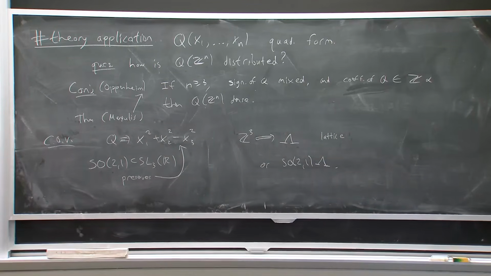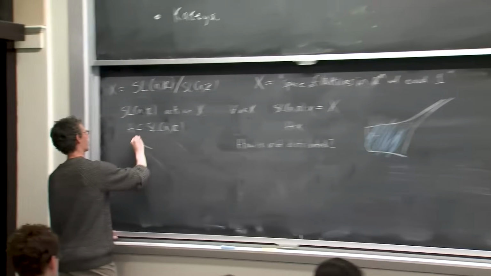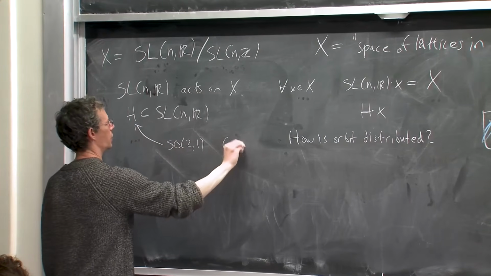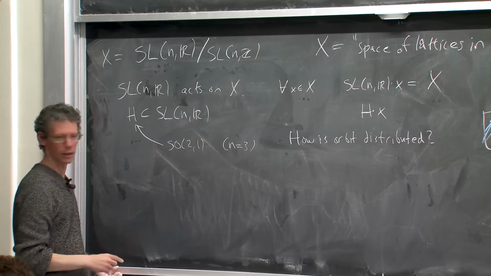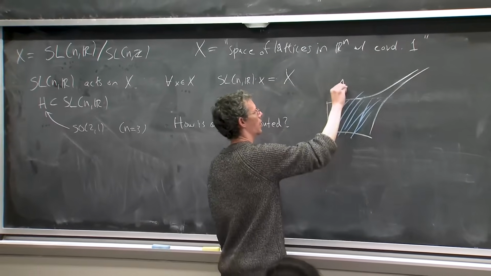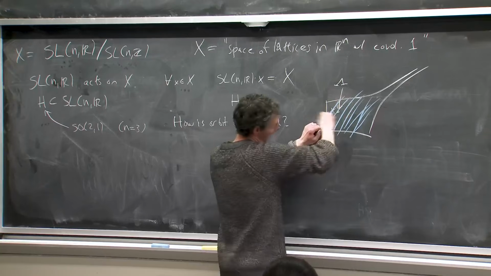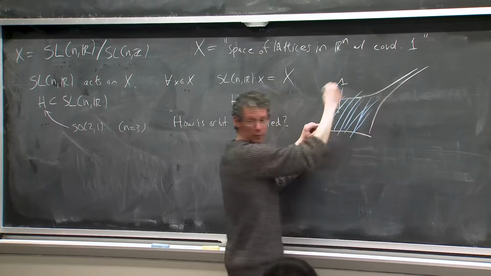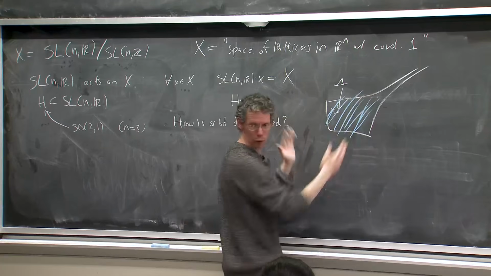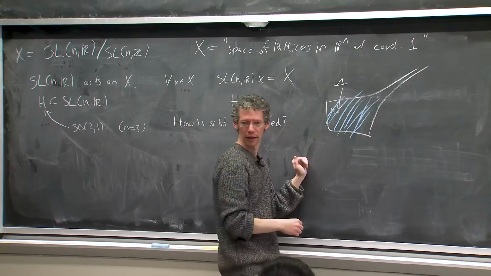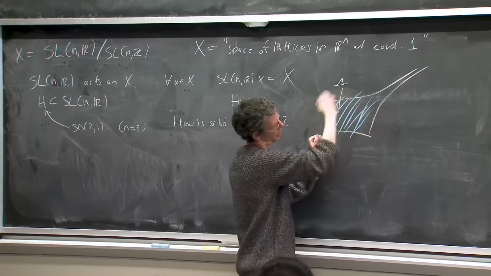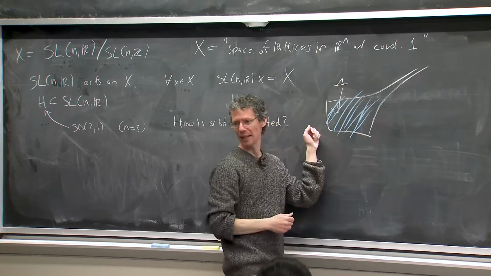OK, so now over here, this group H is going to be SO(2,1). And n is going to be 3 in this particular application. And this initial point, little x, is going to be our lambda. And so we can use any lambda in this whole thing. OK. So now it matters who is in this orbit. And if the orbit was dense, then lambda is allowed to be basically any lattice.